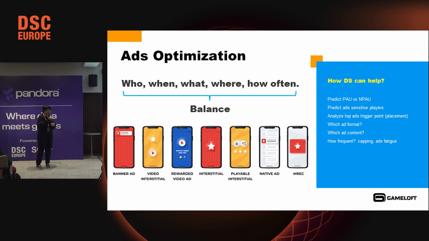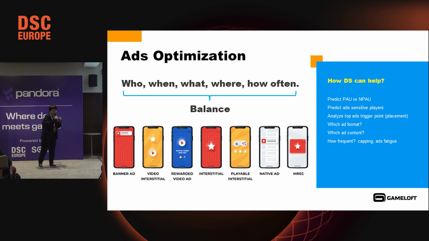So on our side, we're trying to talk with our ads monetization team to see what exactly we can do, because if we just design exactly the same rule for everybody in the game, including free players and paid players, it probably wouldn't be the optimized situation. So we want to know who is more sensitive to ads.